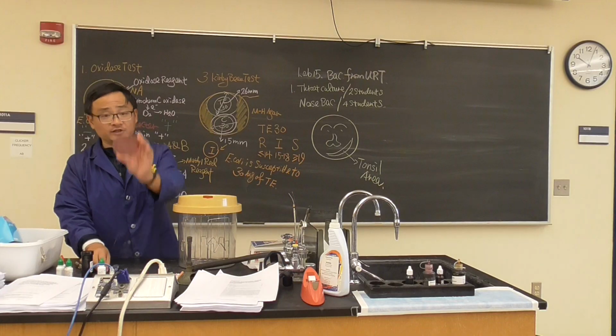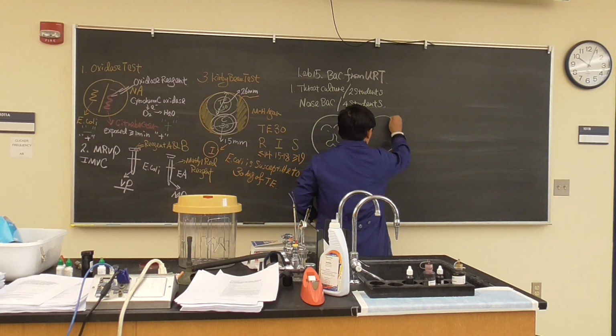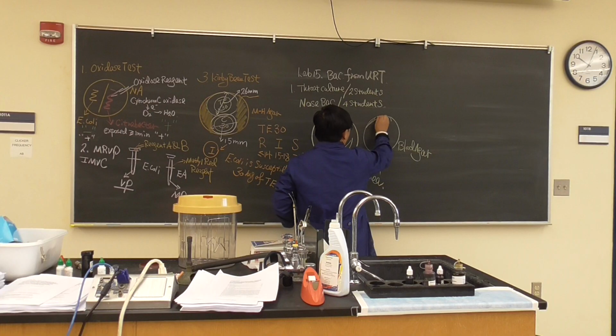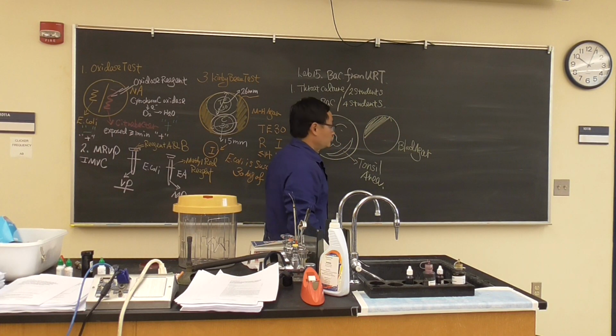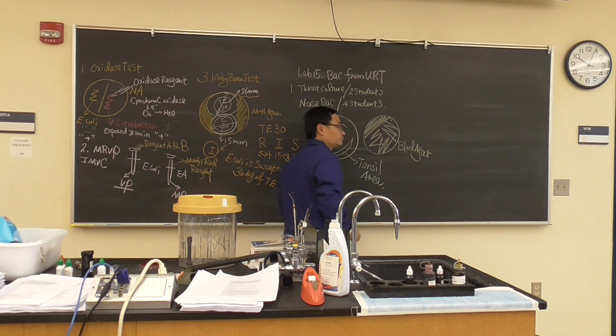And then you find the blood agar. You're using a cotton swab, very gentle at the beginning. Then using a loop to do the 2nd, 3rd, and 4th streak.